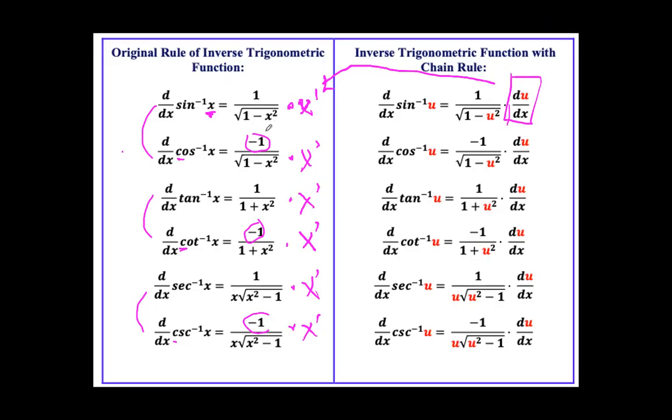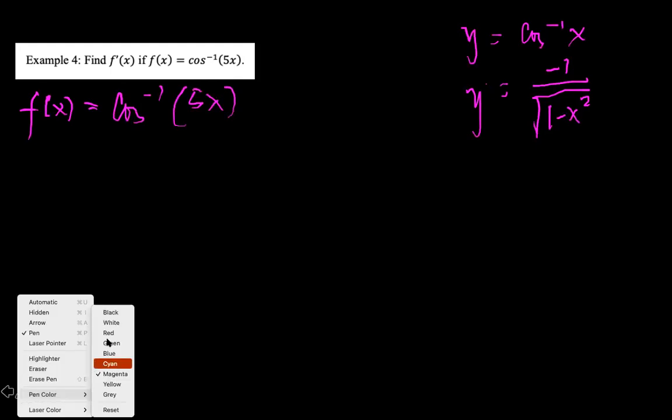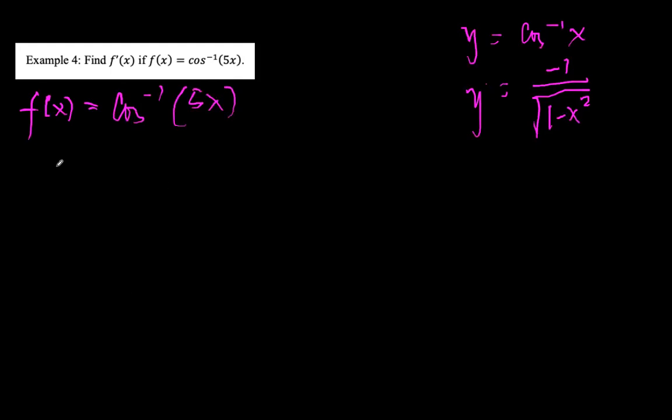So let's check. There we go, 1 minus x squared, correct. All right, let me just copy the problem. f of x is equal to inverse cosine of 5x. Let me change the color to white. Okay, here we go.